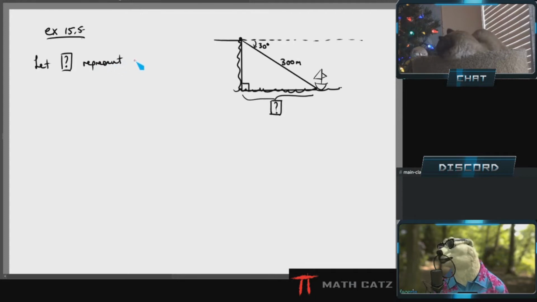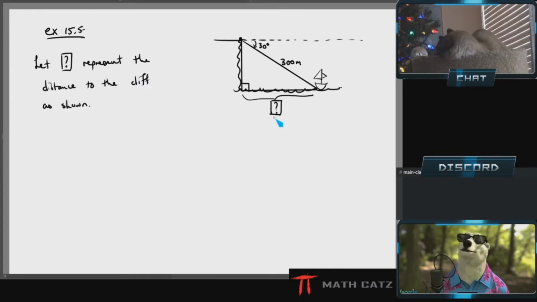Either way, I want to say what that represents. So let question mark in a box represent the distance to the cliff, which I assume is perfectly vertical. And I can even say as shown on my diagram.